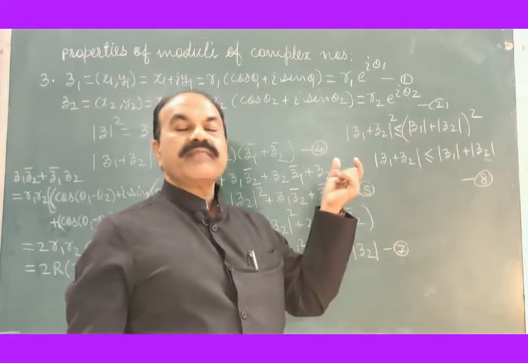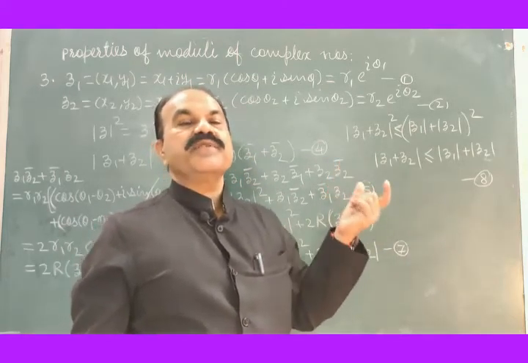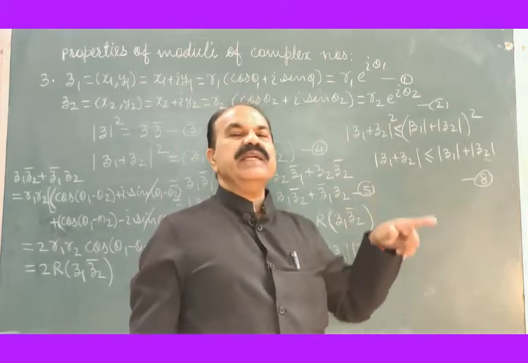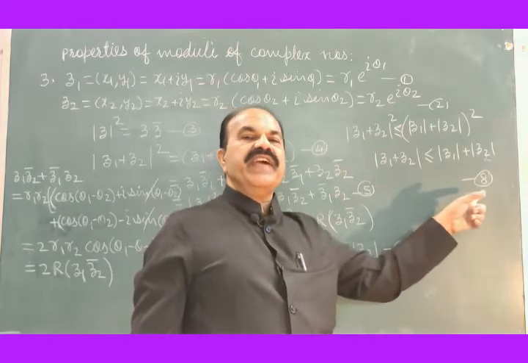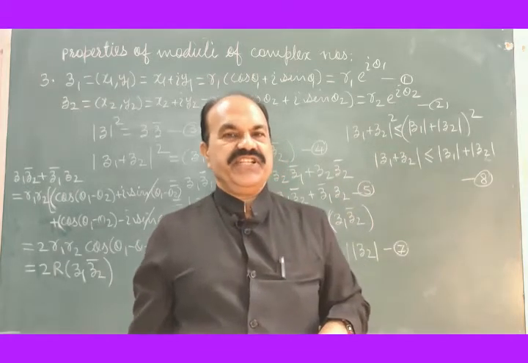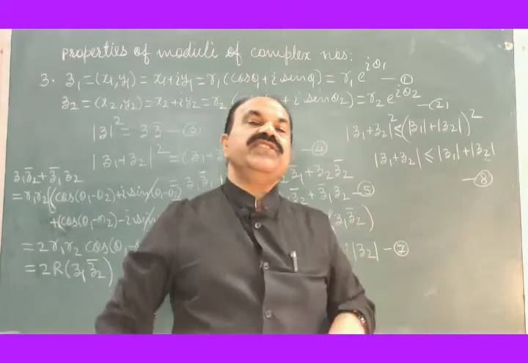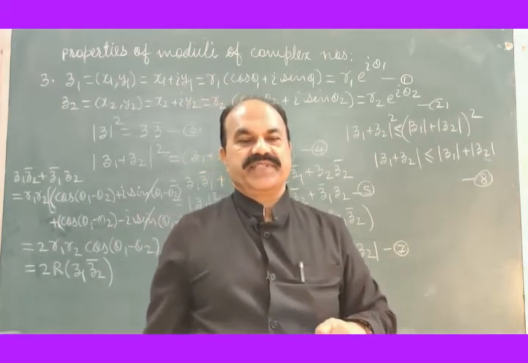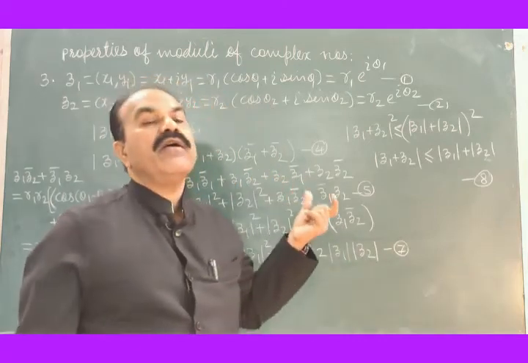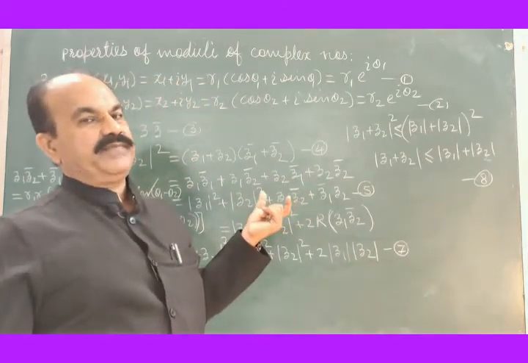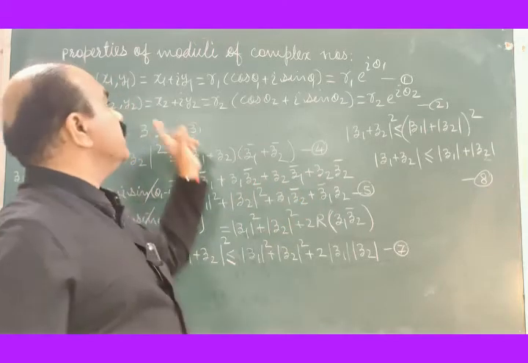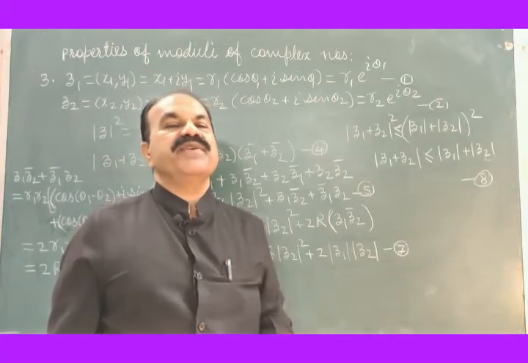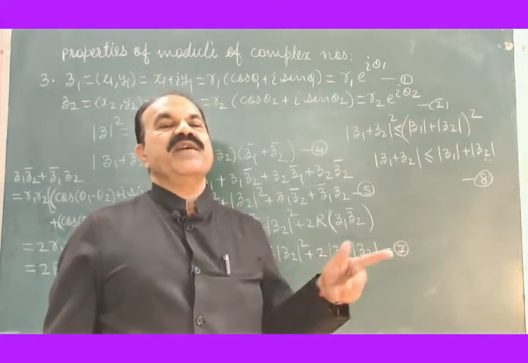So this is verified in equation 8. This is the third property of moduli of complex numbers. This is one method of verification of the third property, that the modulus of sum of two complex numbers never exceeds the sum of their moduli.